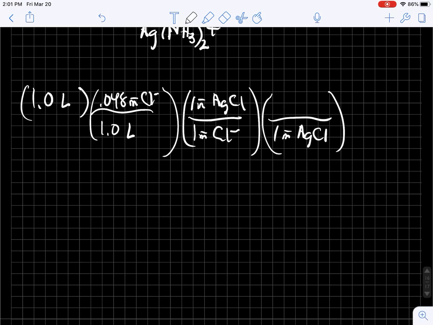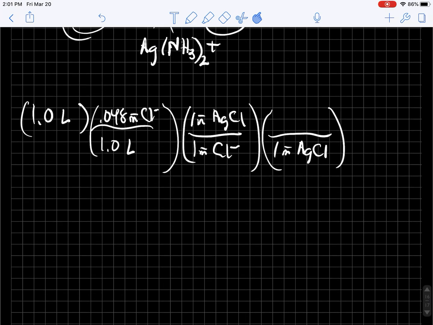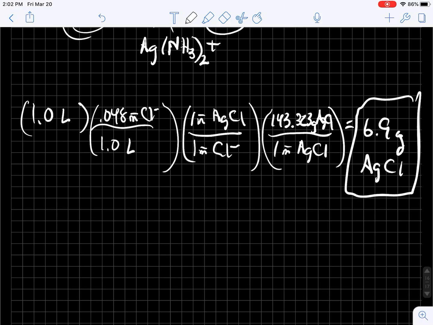And I know that for every 1 mole of silver chloride, we get 143.323 grams of silver chloride. See if it works out this time. 0.048 times 143.323, and I get 6.9. Yay, I can be taught. 6.9 grams of silver chloride.